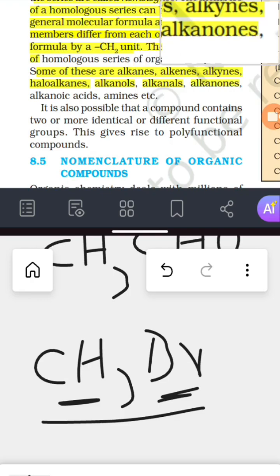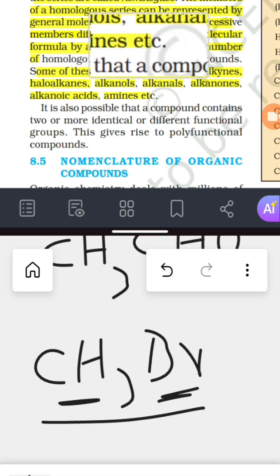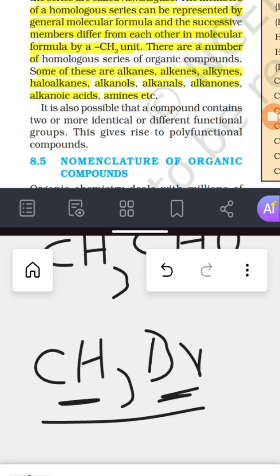And alkanones, that means ketones. And alkanoic acids, that means carboxylic acids. And amines also. So for each functional group, whatever series you take, either alcohols, aldehydes, or ketones, just by adding CH2 group, the next member will appear. That is called homologous series.